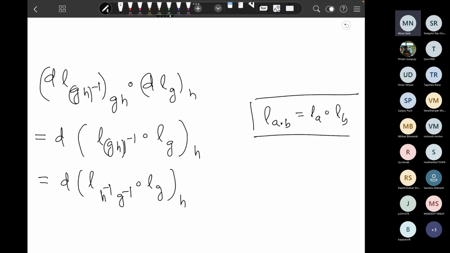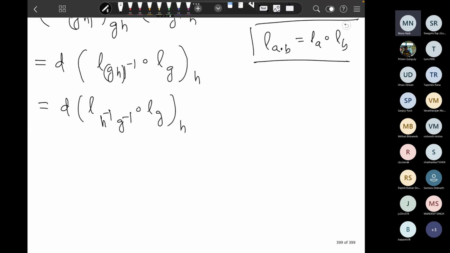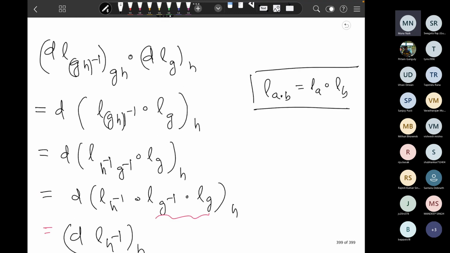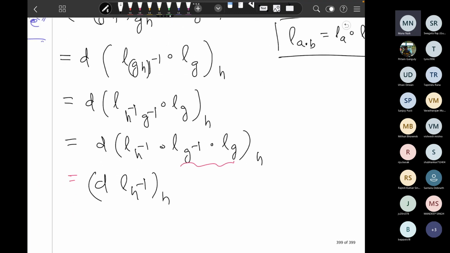So this is D of L H inverse G inverse, sorry, LG inverse composition LG H, and this LG inverse LG composition is the identity. So you are getting the D L H inverse H.